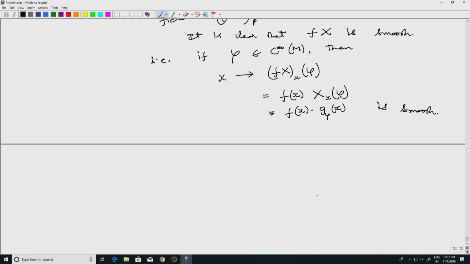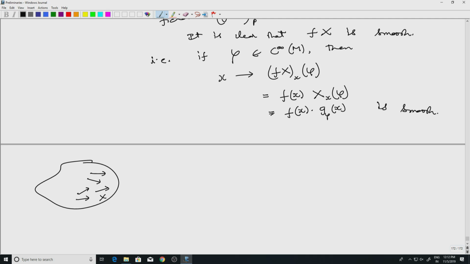So intuitively one thinks of it like this. After all, what is a vector field? Schematically, at every point I have a tangent vector, and if this is my vector field X, and I have a function, all I am doing is taking these tangent vectors and multiplying by the constant at the point x.